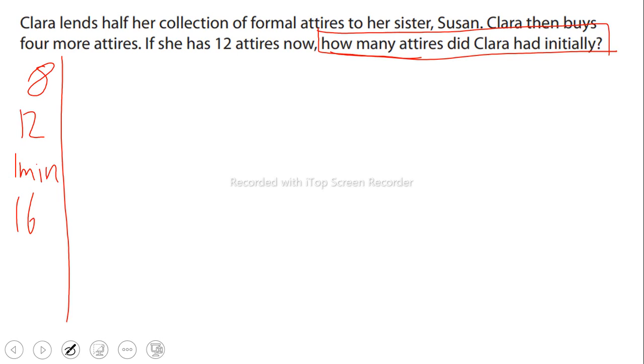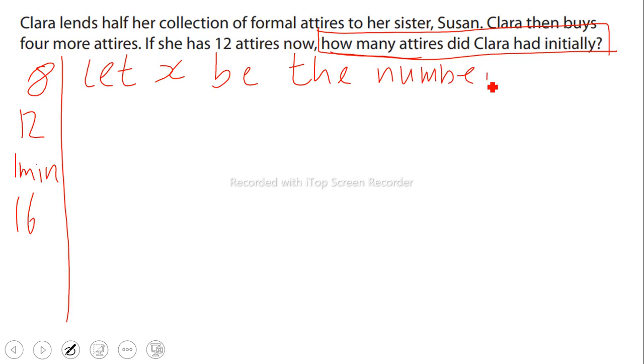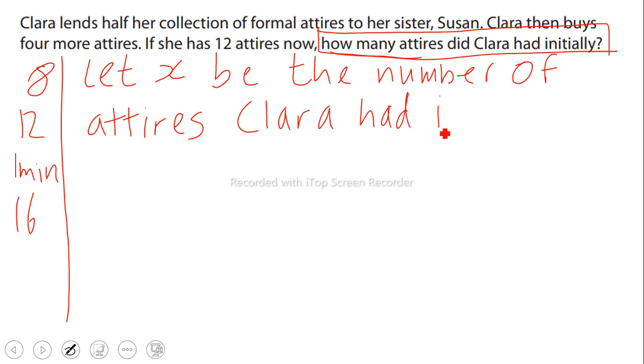Let x be the number of attires Clara had initially.